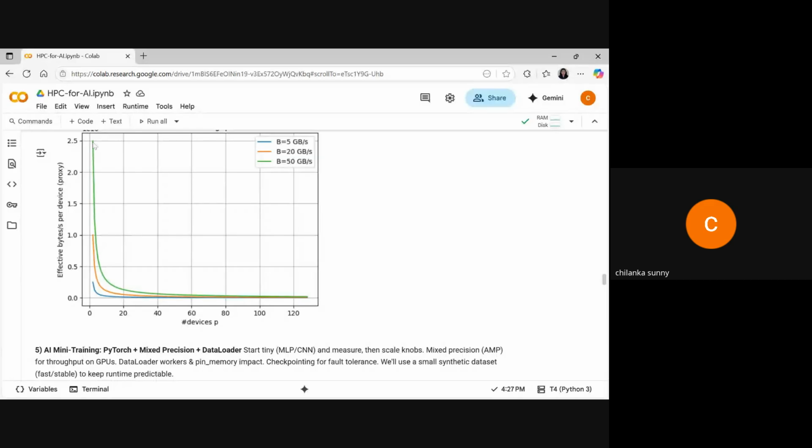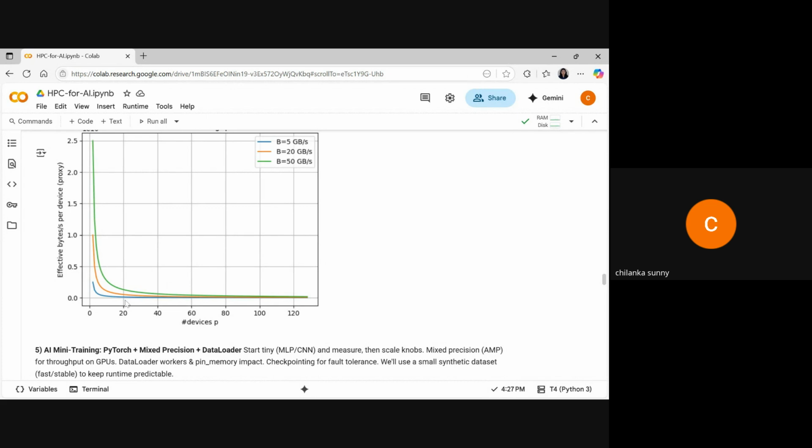It falls very steeply as we increase the number of devices, but as we increase more devices, even that comes to a saturation point.